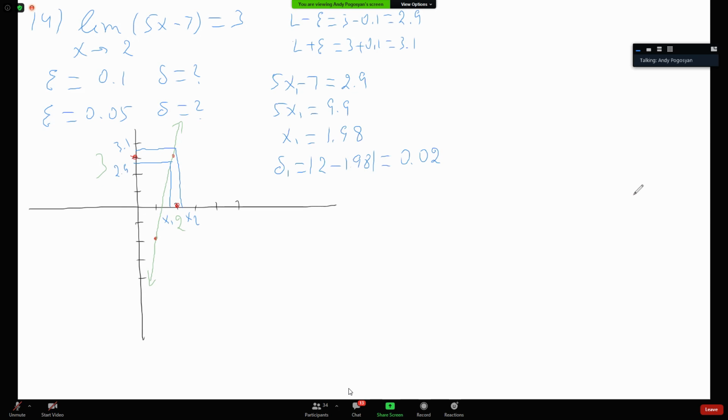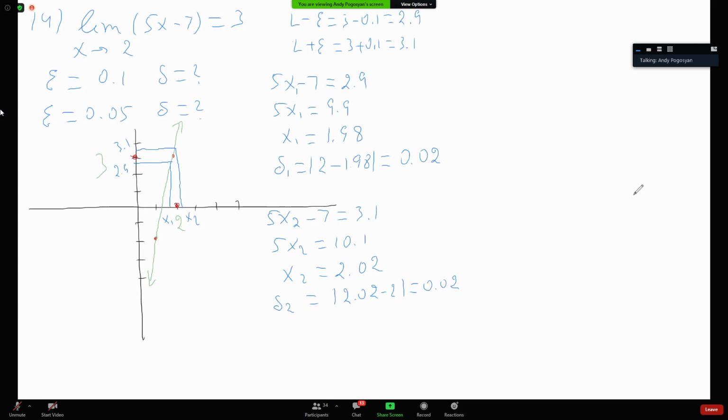Now, 5x2 − 7 should be 3.1. So 5x2 is 10.1, and x2 equals 10.1 divided by 5, which equals 2.02. So delta 2 equals 2.02 minus 2, which is 0.02.